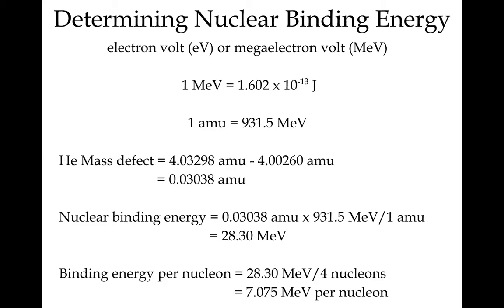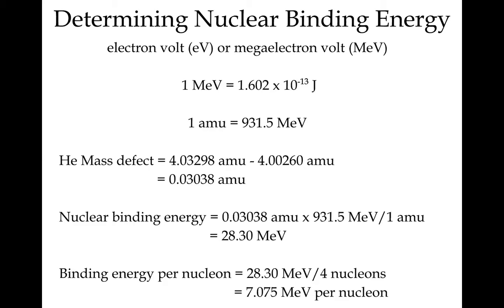And unlike energy in joules, which is often reported per mole, like we just did in that last problem, energy in electron volts is usually reported per nucleus. A particularly useful conversion factor for calculating and reporting nuclear binding energies is that 1 AMU is equal to 931.5 mega electron volts.